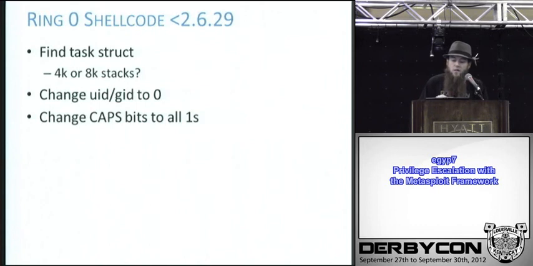So then we need to change those bits, and we need to get back into user space gracefully. In versions less than 2629, we can just scan for a thing that looks like a process, which will be a 0, which is your current runnable state.